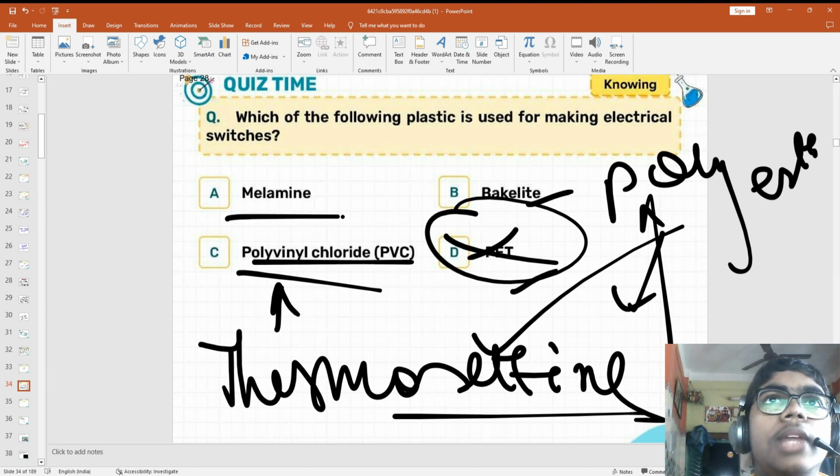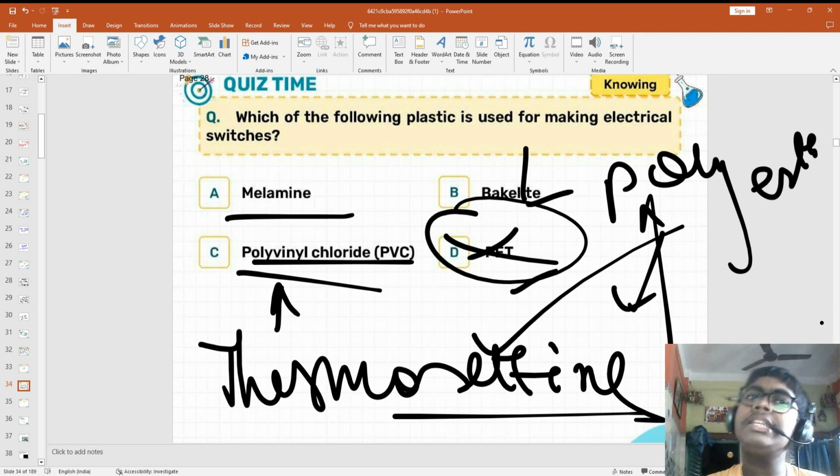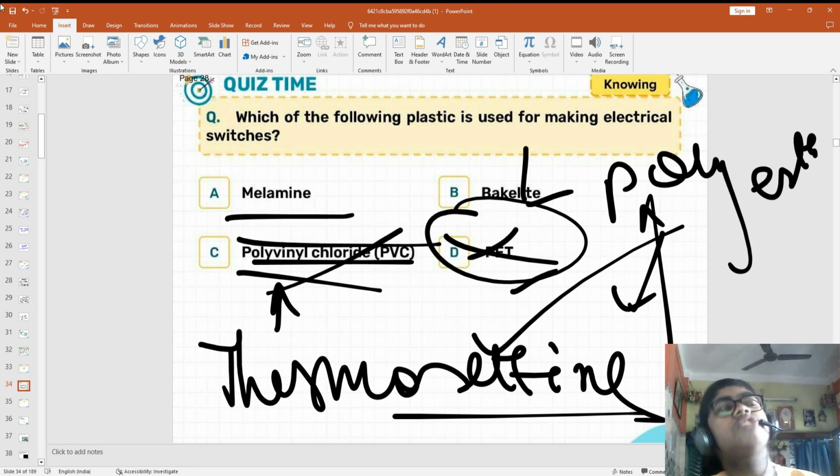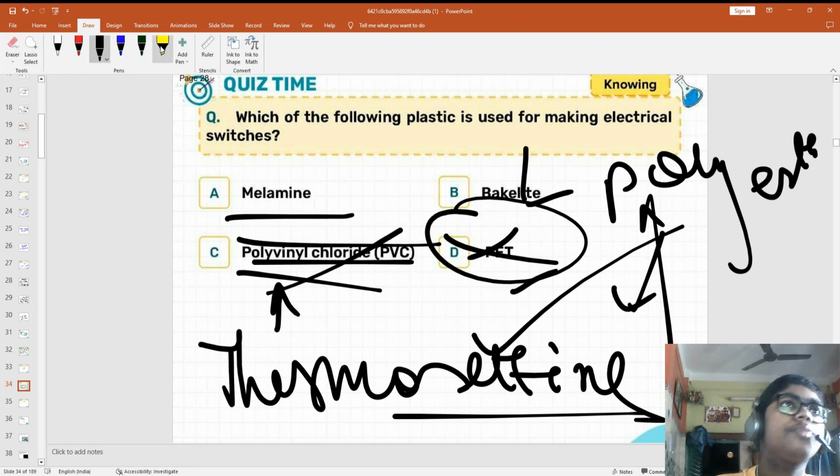Now PVC, melamine and bakelite are your options. First tell me which two are thermosetting plastics? Yes, correct, Rohan. Melamine and bakelite. Then which is used for electrical switches? Tell me fast. Yes, bakelite. Very good.